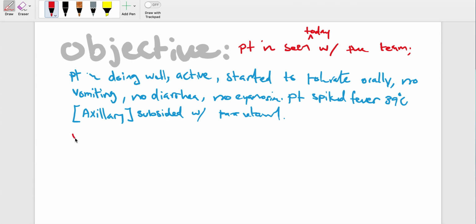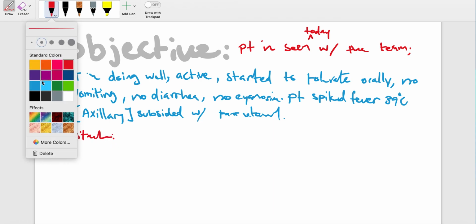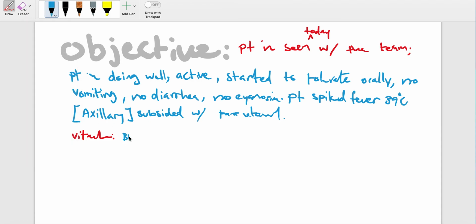The second part is the vitals. And the vitals, of course, you know: blood pressure, heart rate, respiratory rate, and we will comment on these two.